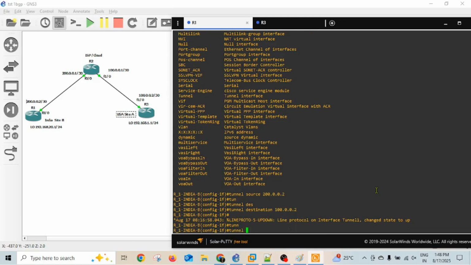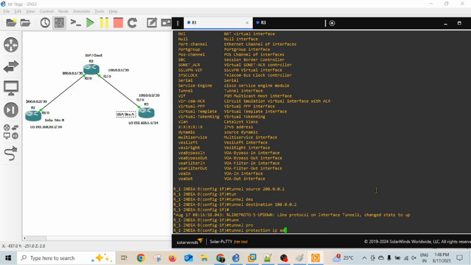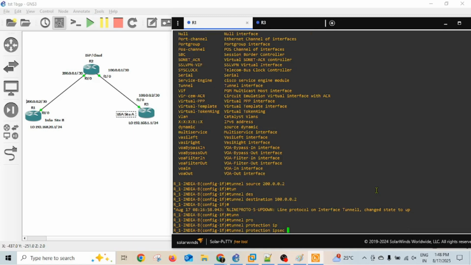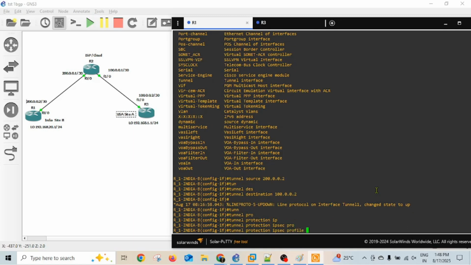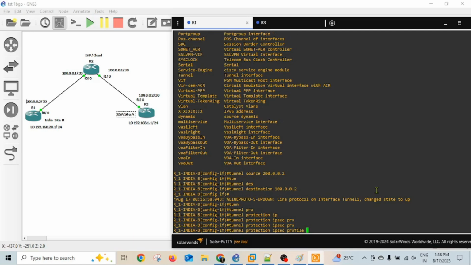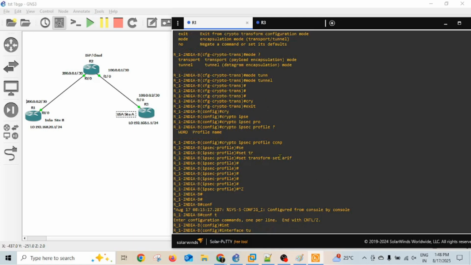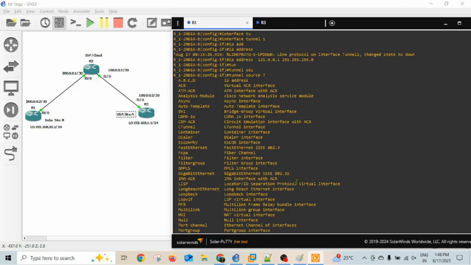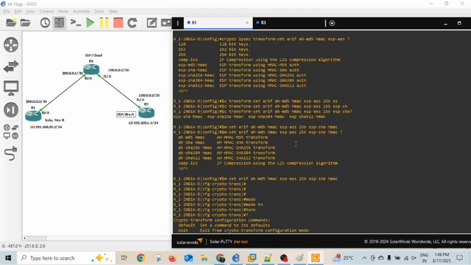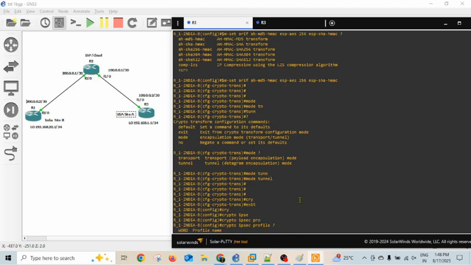And I can configure tunnel protection also. IPsec profile. So what profile have I done? Here you can see I have to create a profile. Profile CCNP.